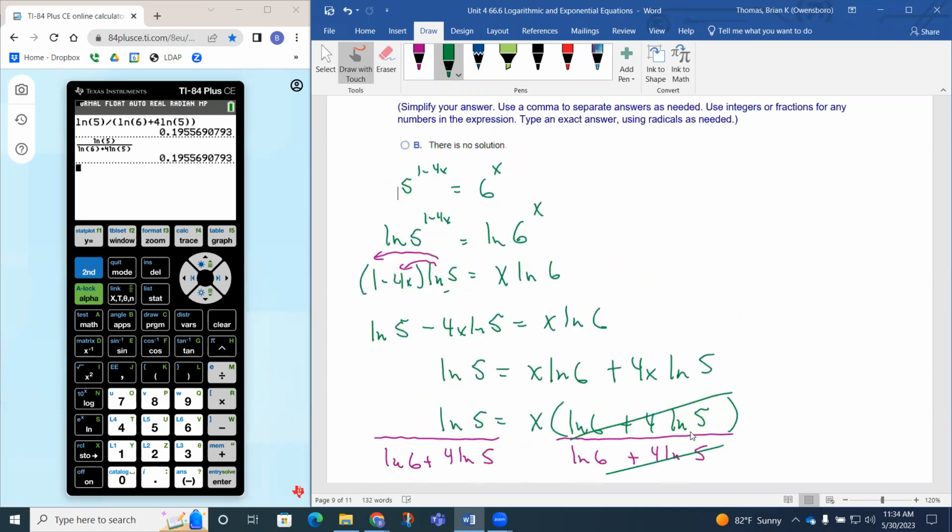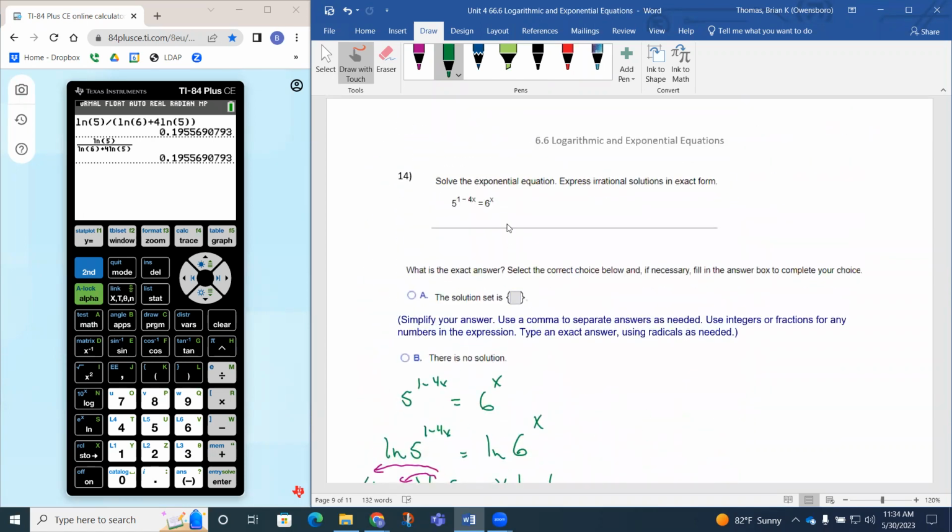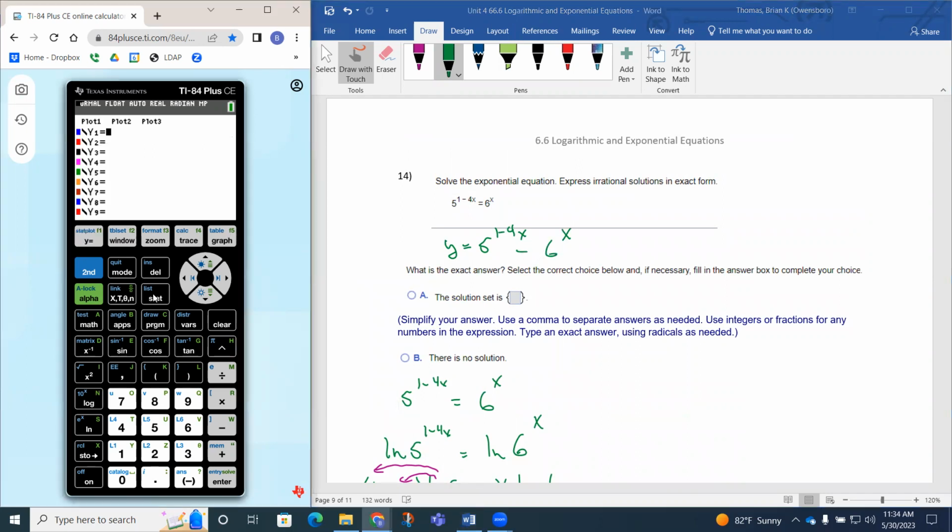Now, if I want to verify my answer using the graphing calculator, remember, if you set this to 0, you can graph then the function y equals 5 to the 1 minus 4x minus 6 to the x. If I graph that and find the 0, looks like the 0 happens pretty close to 0.